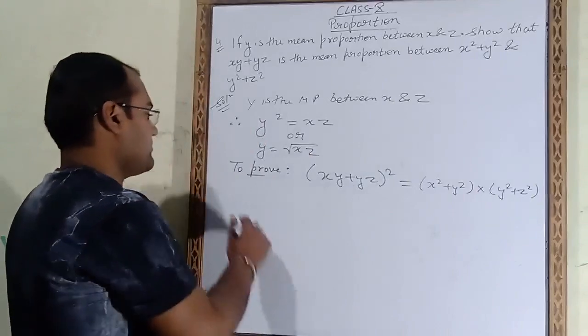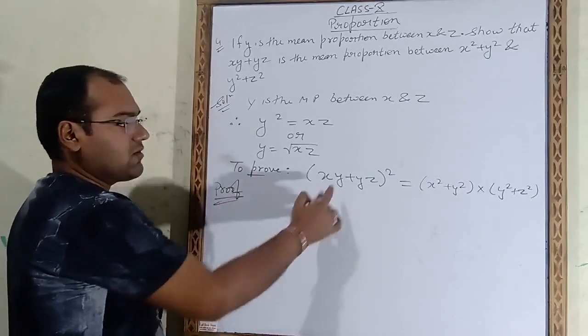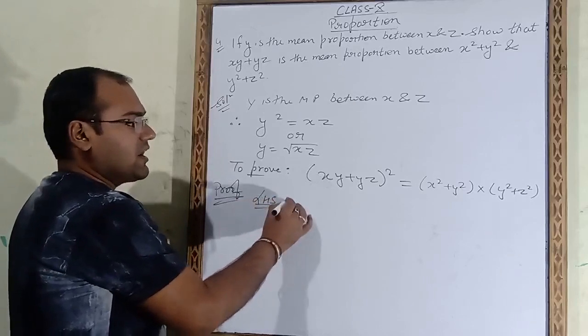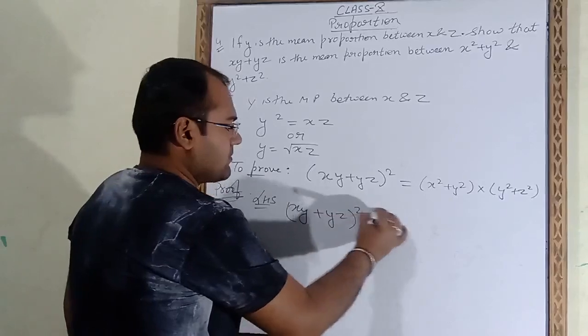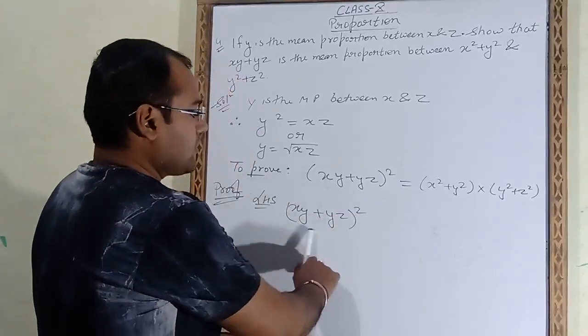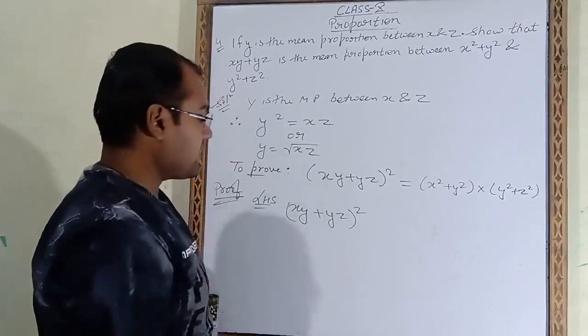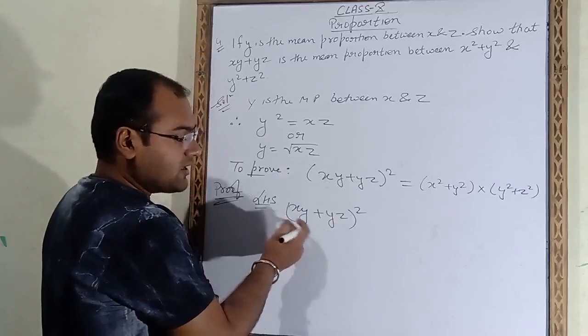Now we will start solving this question. Proof. First of all, we will take left hand side. Left hand side is xy plus yz whole square. Here we will take common. What we will do? We will take y common outside the bracket.